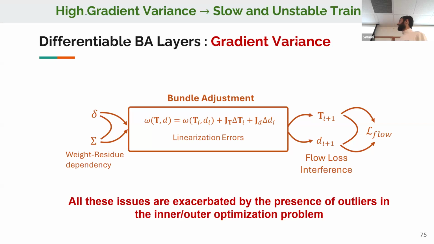In fact, for the inner problem, we do use some notion of confidence to weigh the outliers out, to reduce some of the variance. But we don't do anything of the sort for the outer problem when we compute the objective for the flows in the loss itself. We tried a few different heuristics to reject outliers in the outer objective.